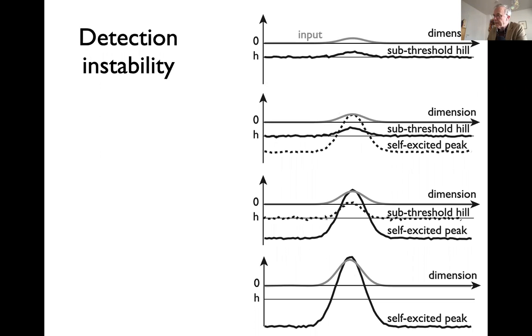That is a subthreshold level that is maybe close to instability now and would become unstable just with a little bit more input, and the self-excited peak that we were just talking about. So this is this monostable, bistable, monostable transition, with the detection instability happening somewhere here, and the reverse detection instability would happen somewhere there. That's what I'm talking about.